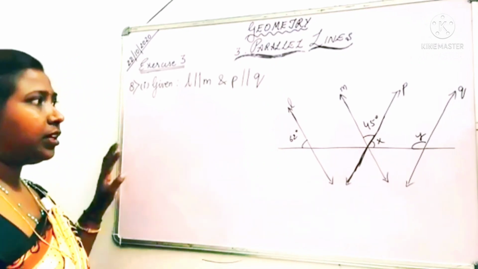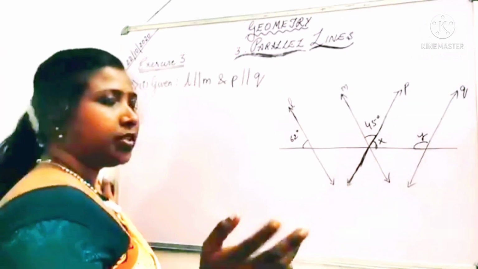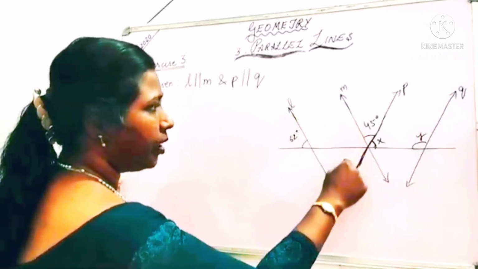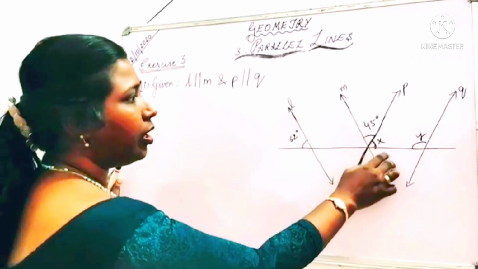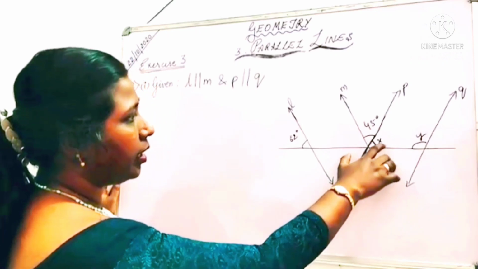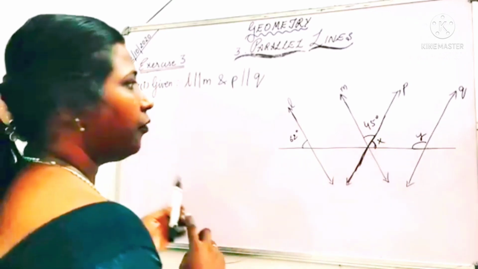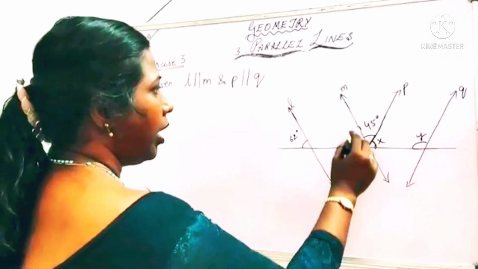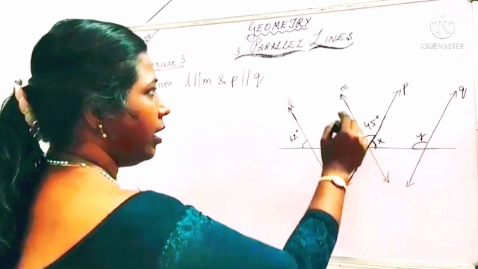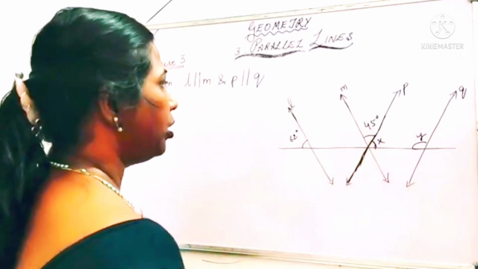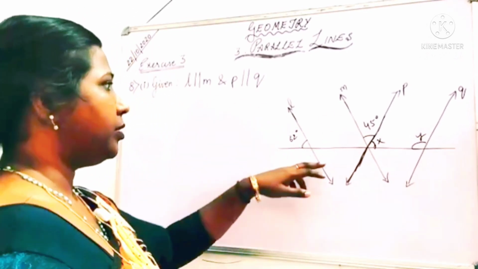Okay. In that case, see the angles very clearly, L parallel to M. If we are finding this angle is x, no? If we are seeing this transversal and it is forming like this, L parallel to M, then what happens?